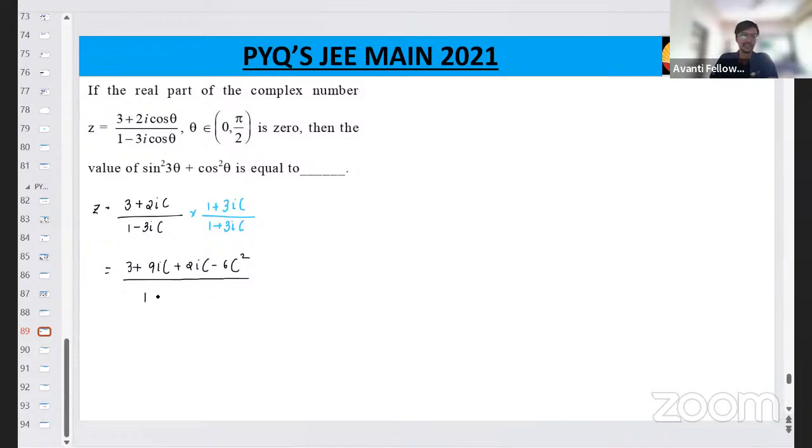The denominator becomes a square plus b square. So b square means 9 cos square. If we simplify the numerator, we'll get 3 minus 6 cos square plus 9 cos plus 2 cos into i, upon 1 plus 9 cos square.